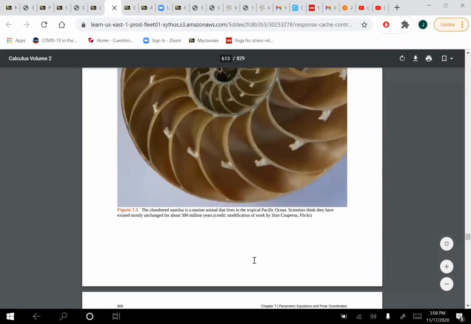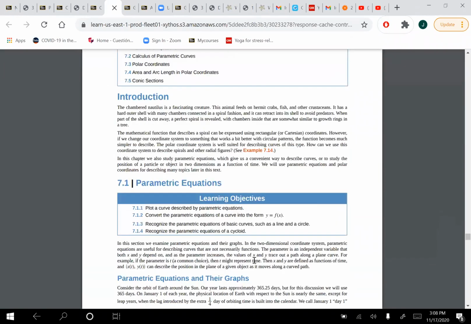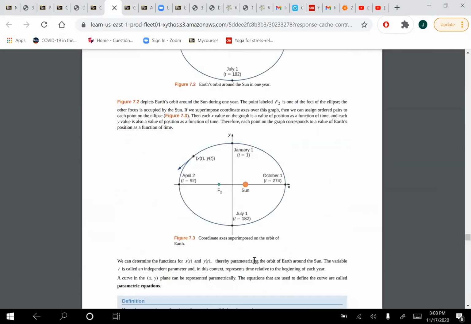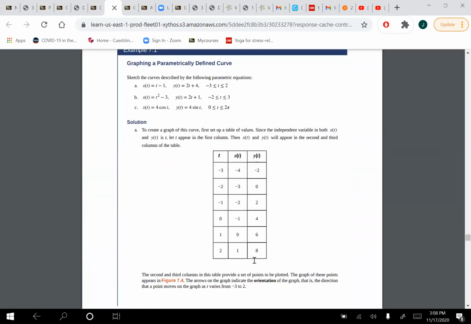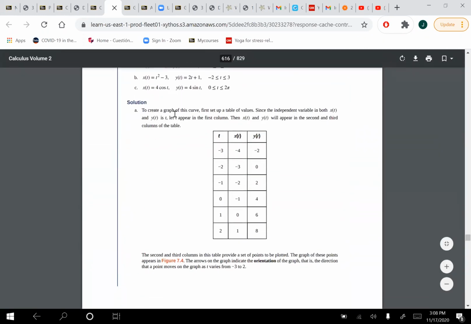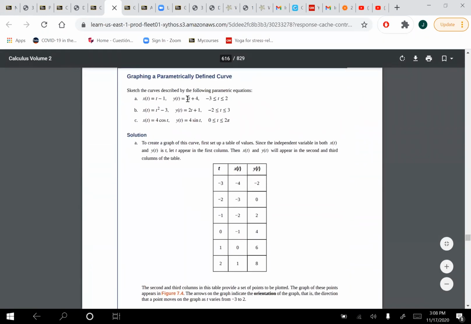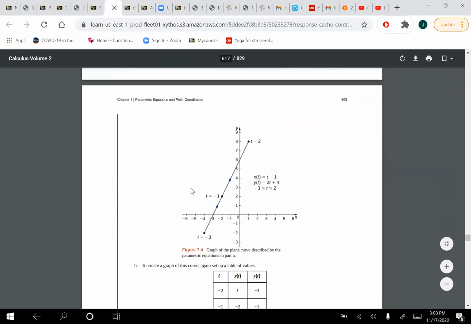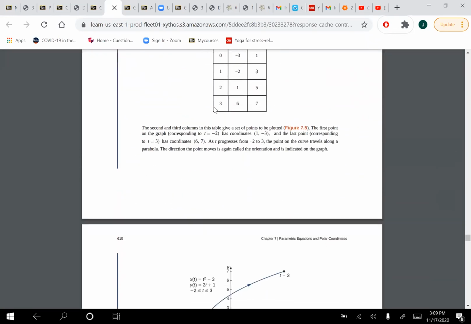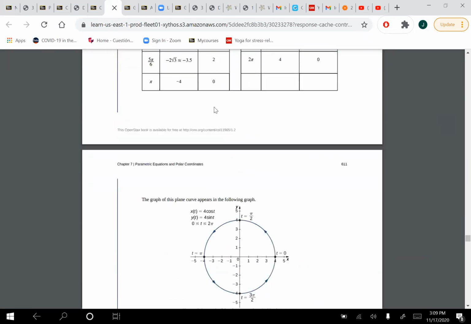Okay. So all these are more examples. You can go ahead and check it out and try to solve this by yourself. And then you'll see the different graphs they can create, right?